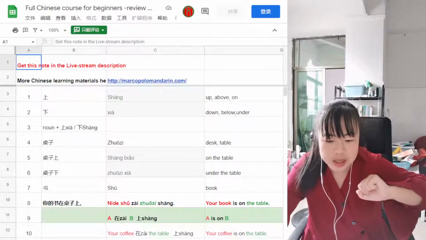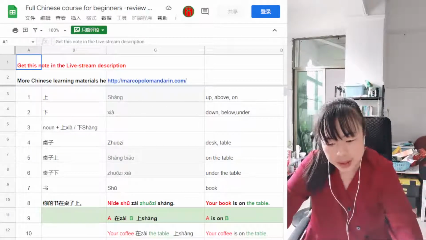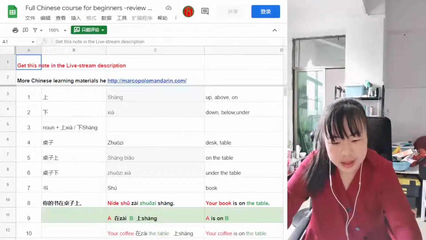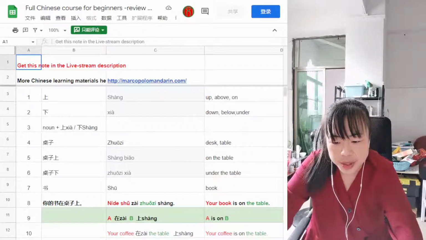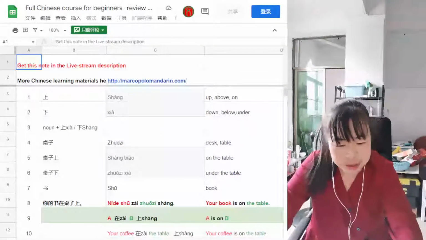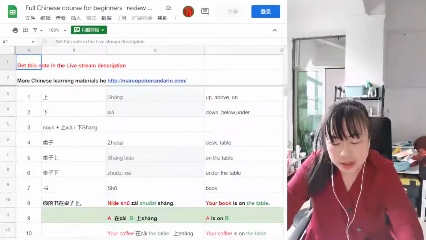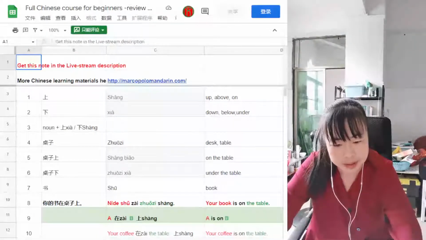Step 2, we can move my computer. So A, according to the pattern, we should have the red part first, right? The red part, and then we go to 在, which is the black part.